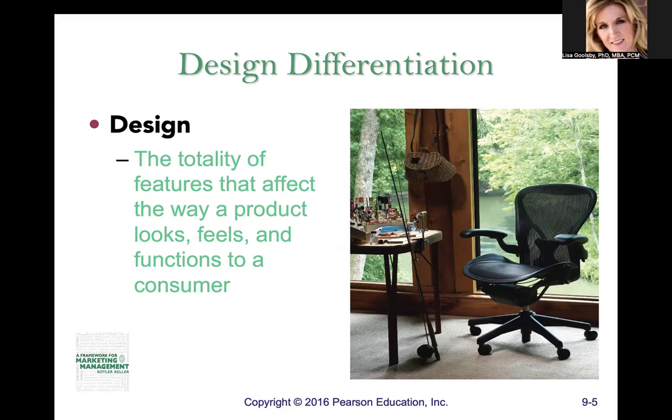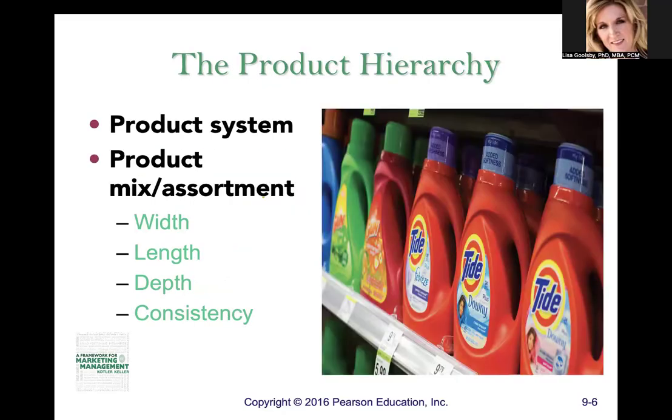And design is based on the features that affect not only the way the product looks, but how that product functions for that customer. And most of that design element should be based on that market research around the customer needs and wants. So a cool design is one thing, but the product has to perform and it has to meet the needs and wants of the customer.